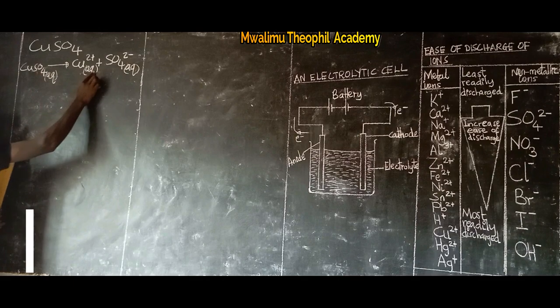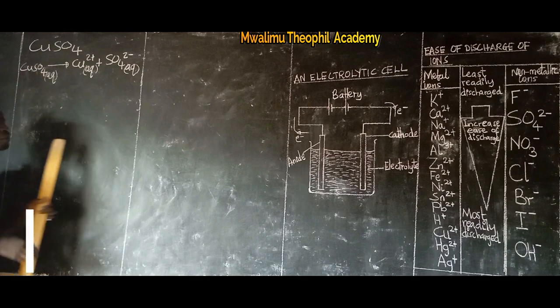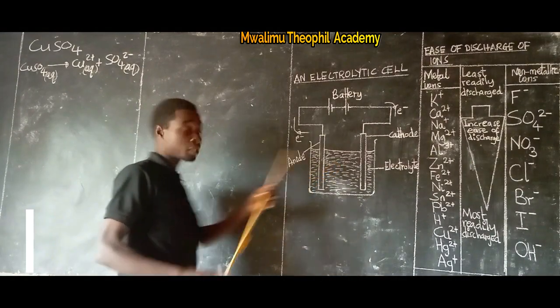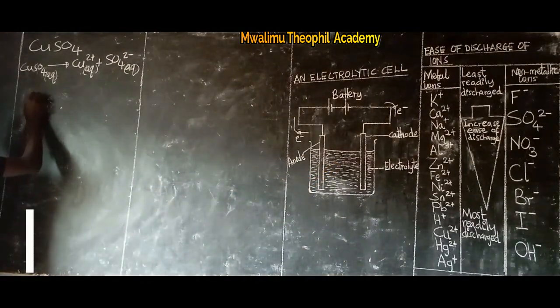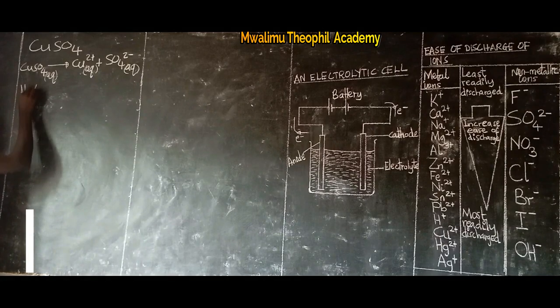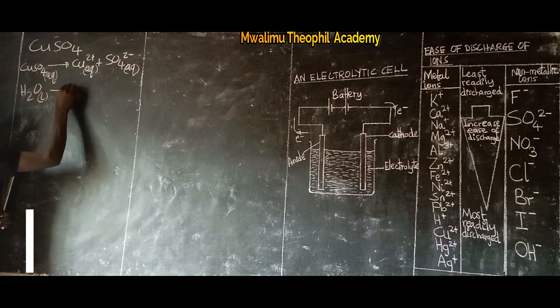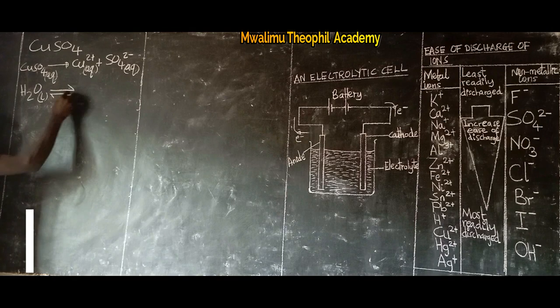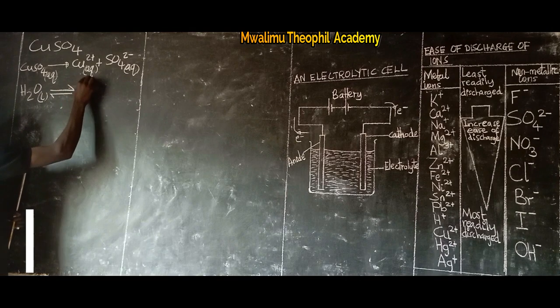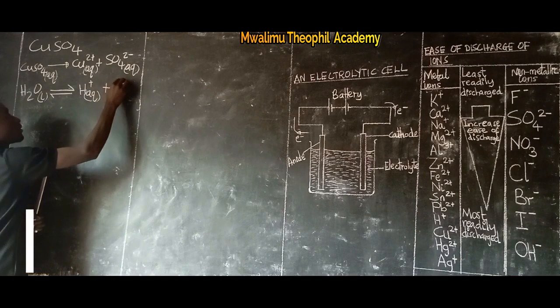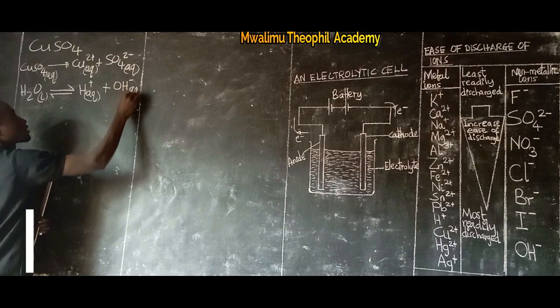Also, apart from copper 2 sulfate, you have to know that as it is a solution, there is water within. So let us also see the dissociation of water. The dissociation of water will lead to the formation of hydrogen proton and hydroxyl ion, as you may see.